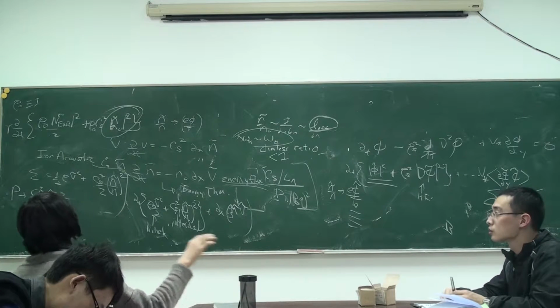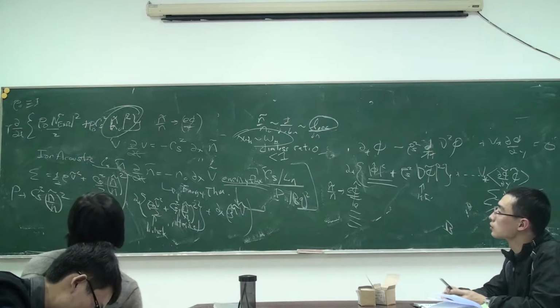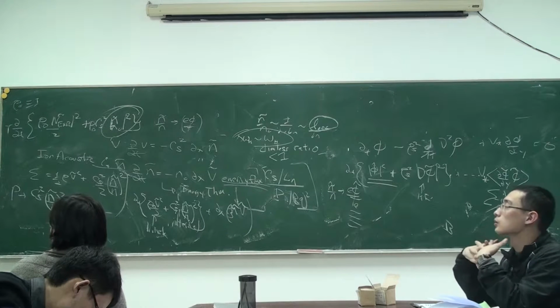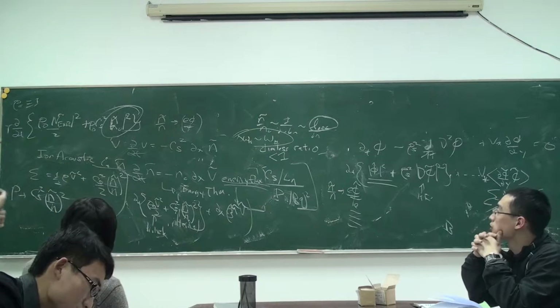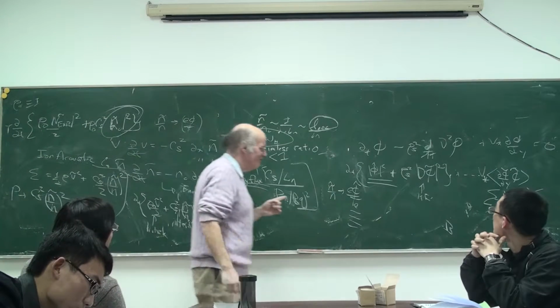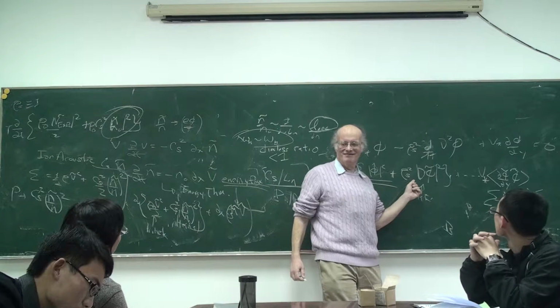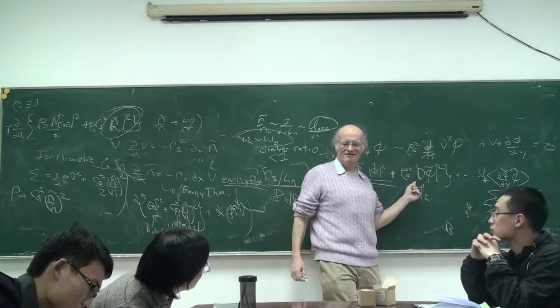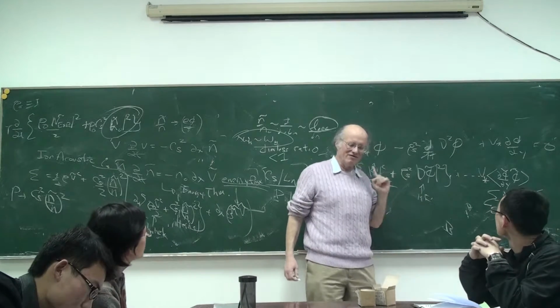Why doesn't the wave energy include the field energy? Well, it does. Because what do you think this is? It's the kinetic energy of the... well, I can think of it either way.